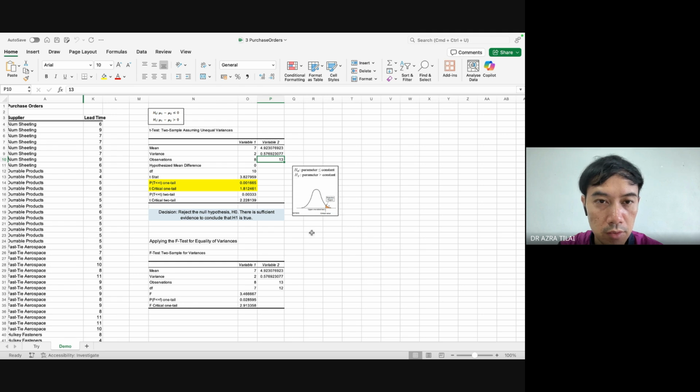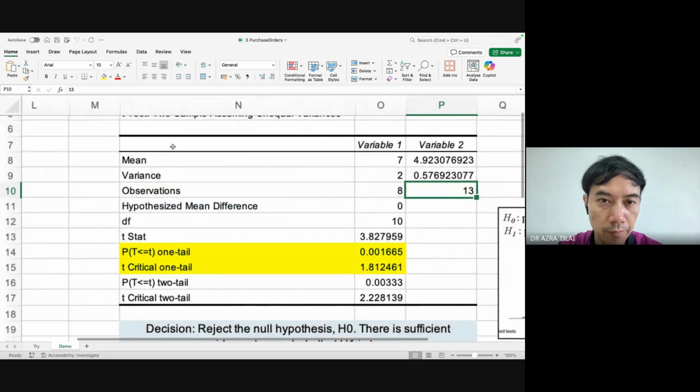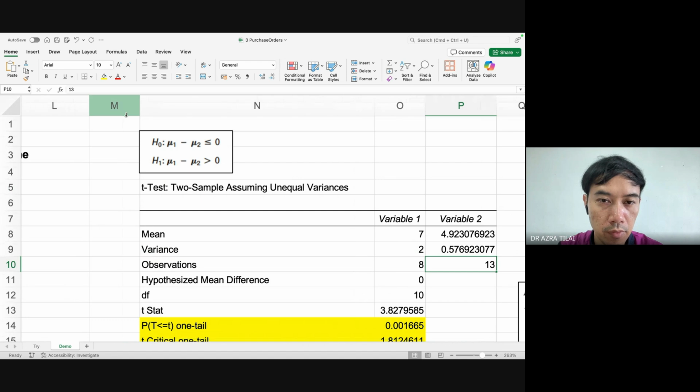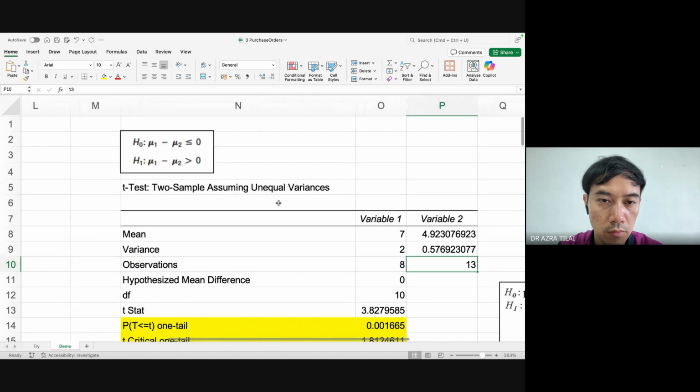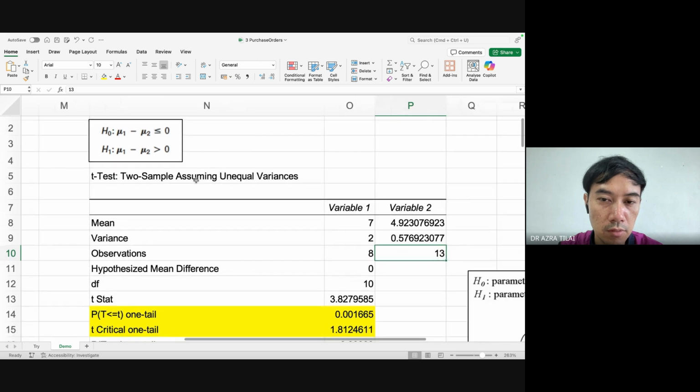So from this hypothesis, parameter 1 minus parameter 2 should be less than or equal to 0. And then your alternative hypothesis, what you are trying to state is that when you minus these two, it should be more than 0.